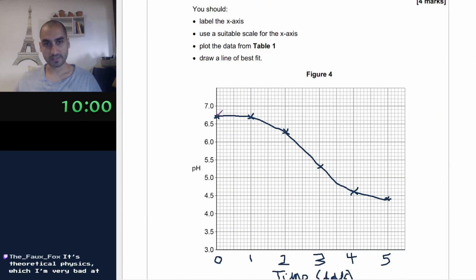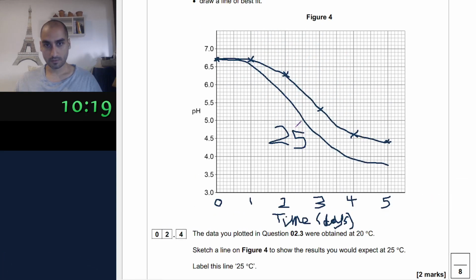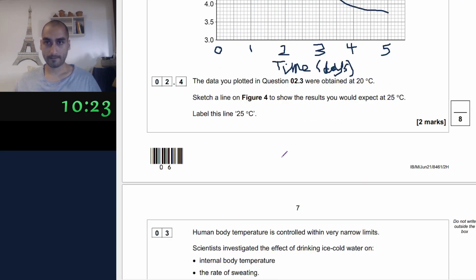So it still starts at the same pH, but then the pH would drop faster because more bacteria, more lactic acid or whatever. So like that, I would imagine. 25. Oh, I have to put the degrees Celsius. Okay.